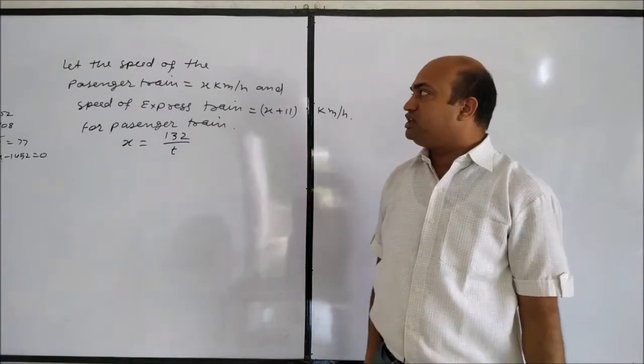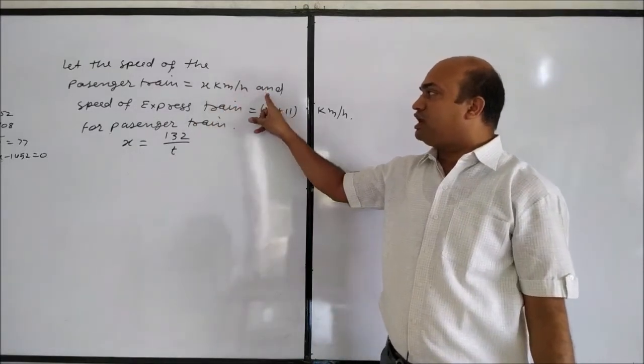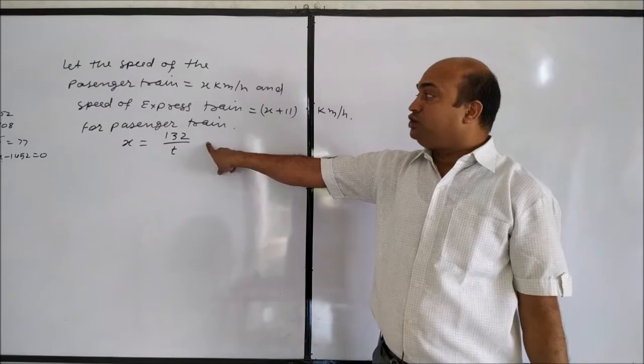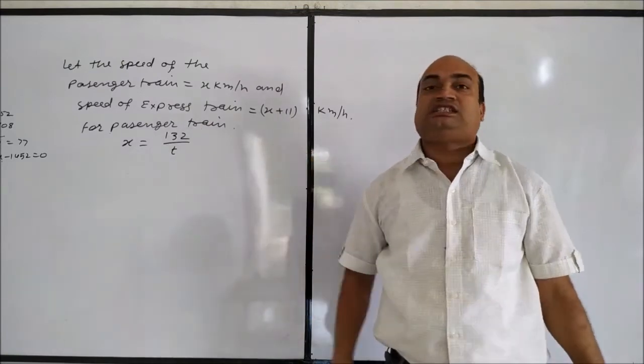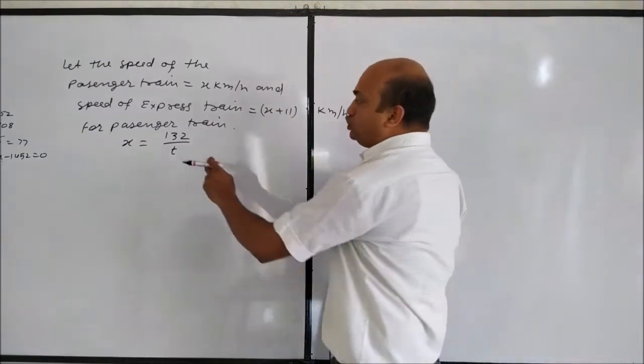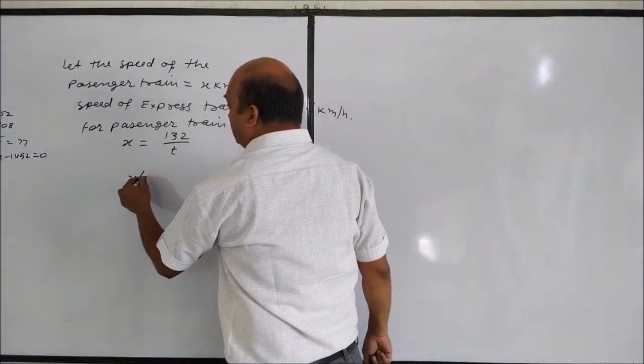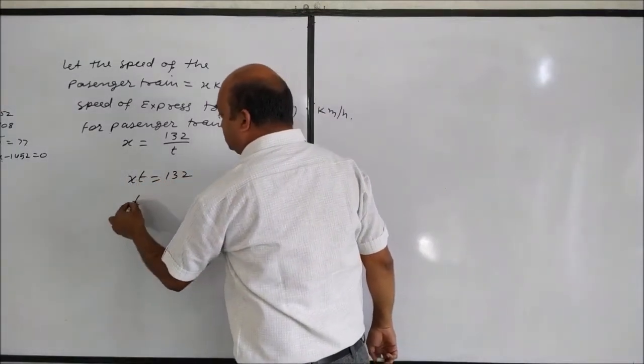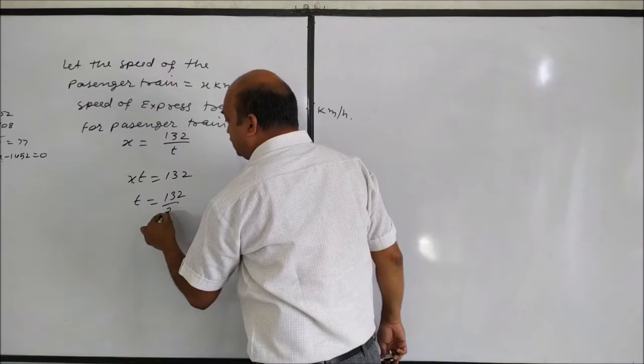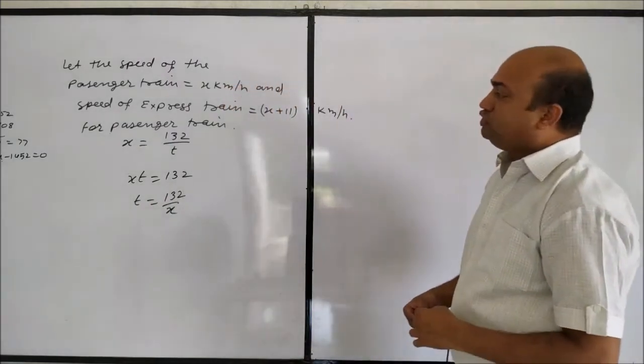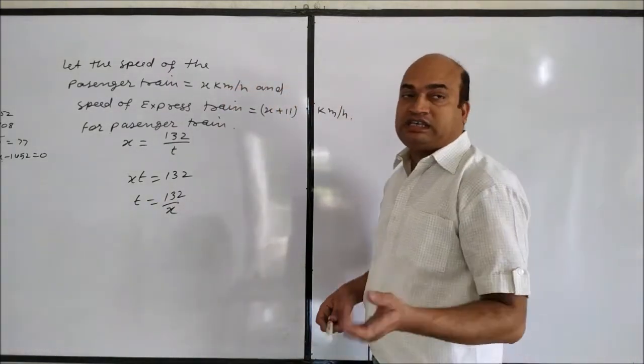So t we cross multiply here, we will get xt is equal to 132 and t we will get 132 by x.